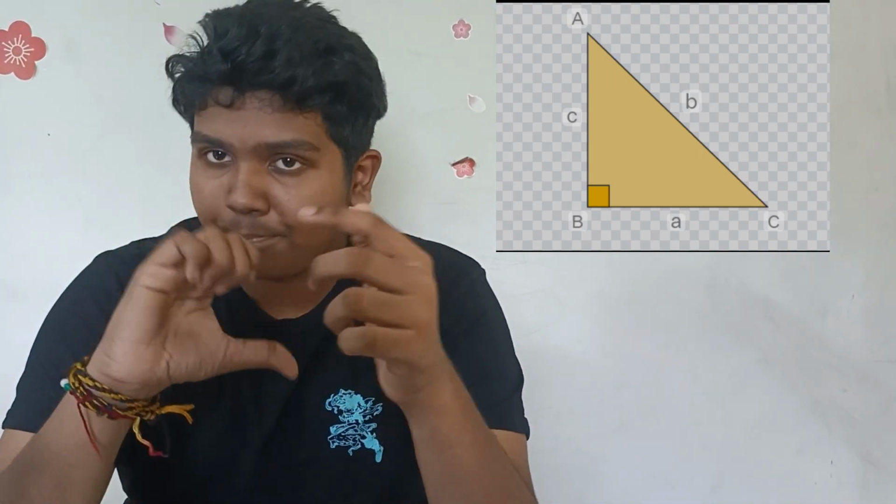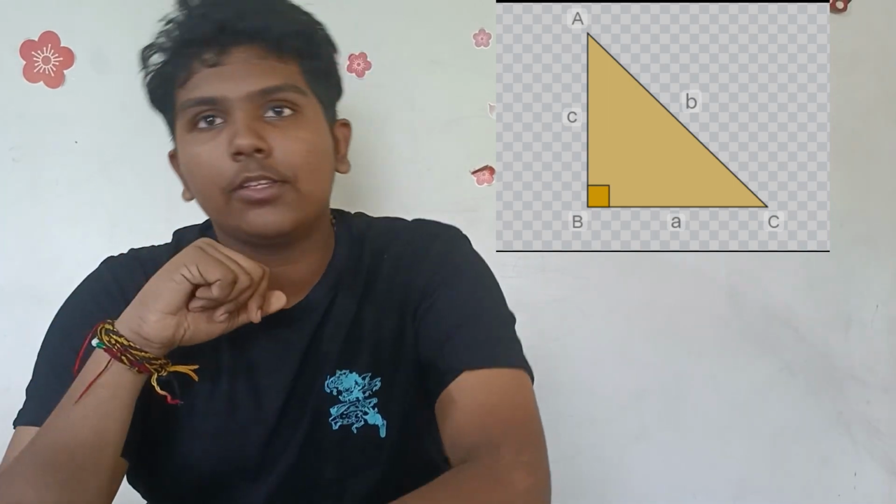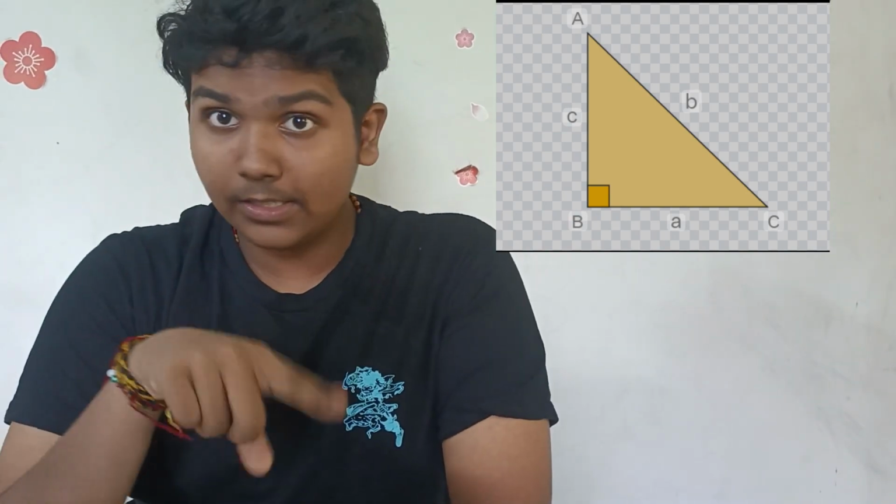Let the hypotenuse be AC. As for BC, what do you think BC will be? ABC is the triangle. The given sides: AB is equal to small letter c.